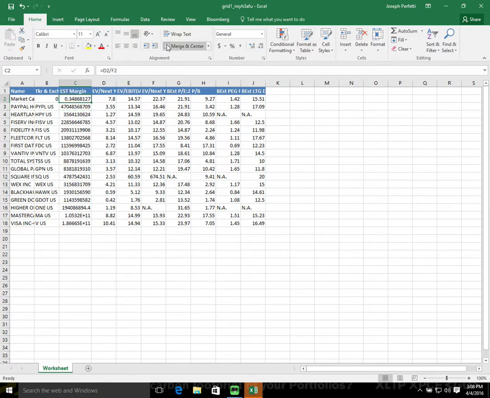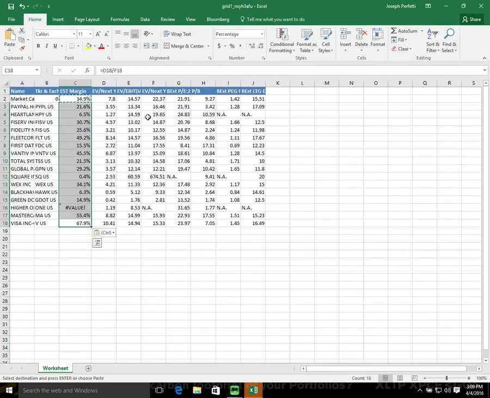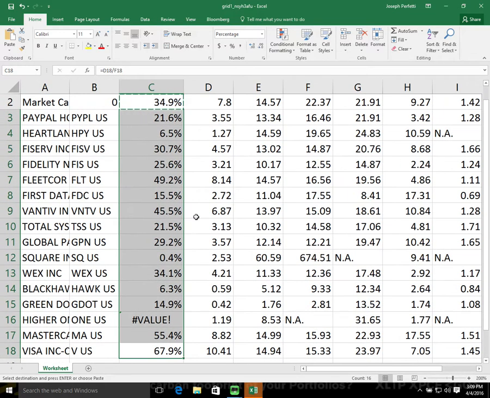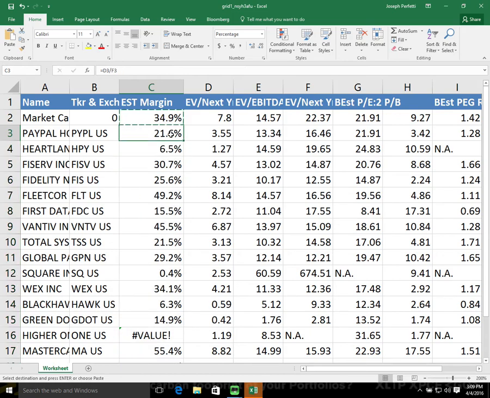That is the margin that the market is using today for the payment industry, and for PayPal itself, 21.6. So PayPal has below average margins compared to their payment peers.